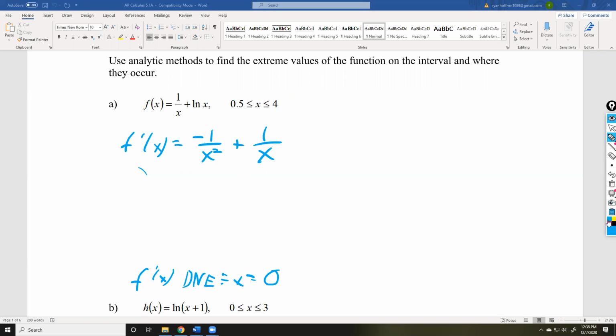But we want to figure out where f prime is 0. So to figure that out, we actually need to rewrite this a little bit. I'm going to get a common denominator. Equals negative 1 over x squared plus x over x squared, which means we can combine these and just add them together. We have x minus 1 over x squared.